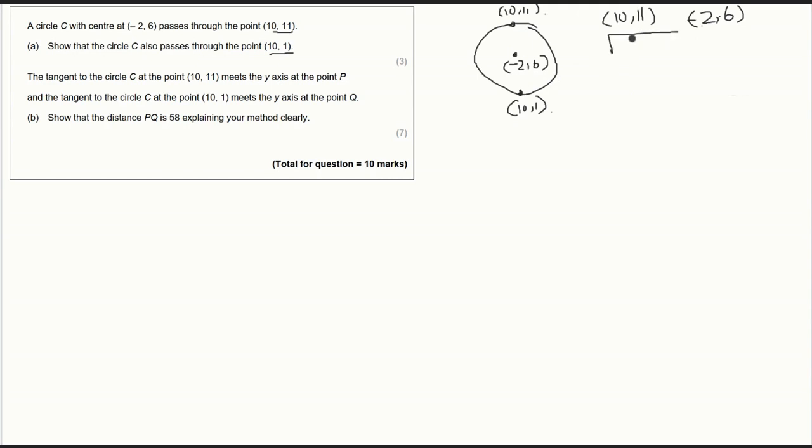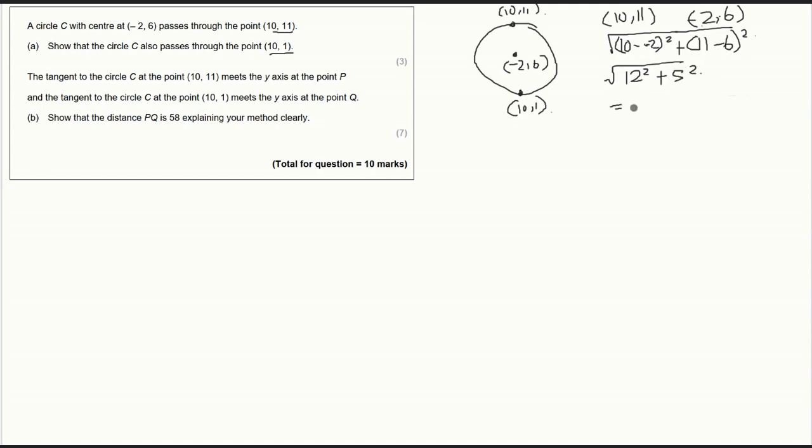So if I take x2 minus x1, which is 10 minus (-2), so (10 minus (-2)) squared plus (11 minus 6) squared, okay, x1 minus x2 squared, and then y1 minus y2 squared. So this would give me 10 plus 2, which is 12 squared, and then plus 11 minus 6 is 5 squared.